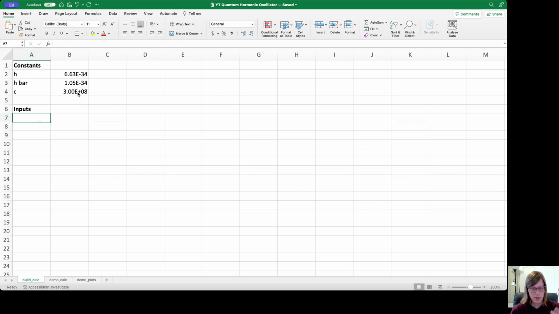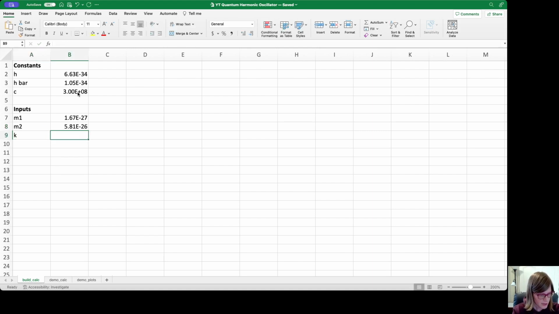One mass will be that of chlorine 35, the most common isotope of chlorine, and the other mass will be that of a proton, so just the most common isotope of hydrogen. So mass 1 is 1.67e-27 kilograms. Mass 2 is 5.81e-26 kilograms.